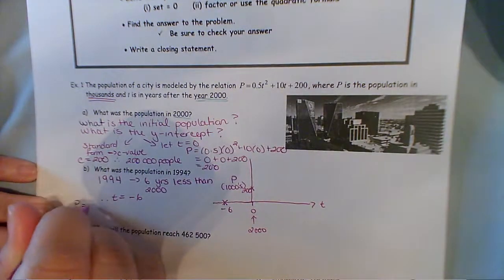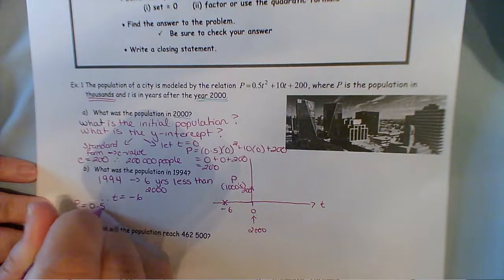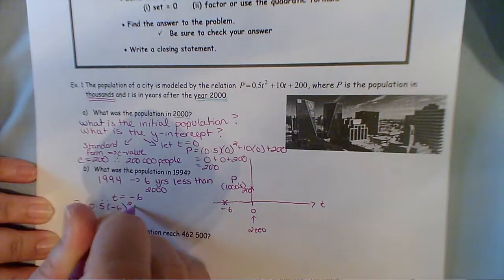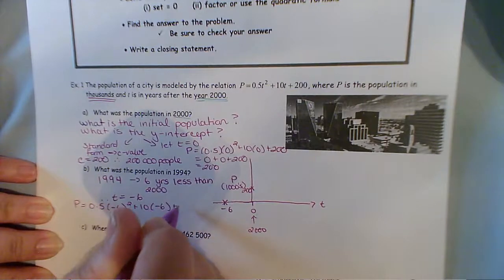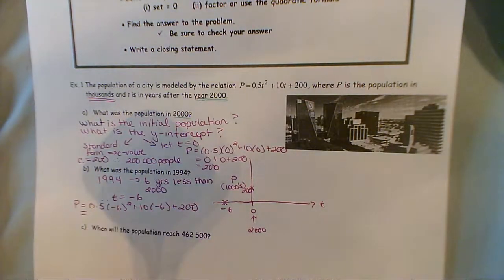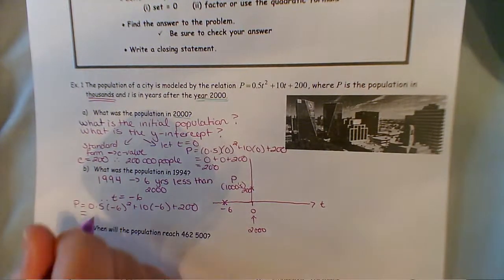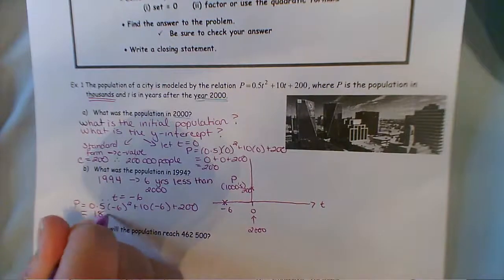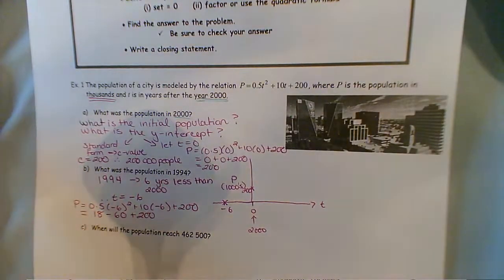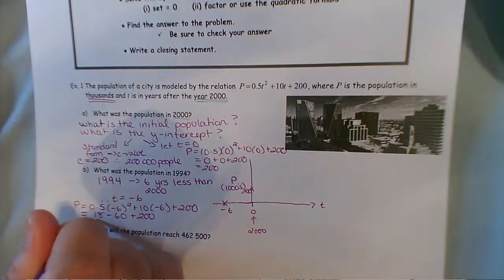So p equals 0.5, and then you put in a -6 where the t is, you square it, plus 10 times -6 plus 200. We got to work this out. So -6 squared is 36. 36 times 0.5 is obviously 18. Take away 60 here, plus 200. So 18 minus 60 plus 200, we got 158.